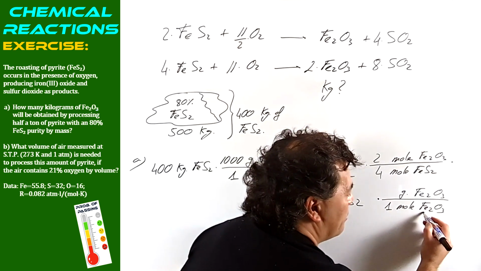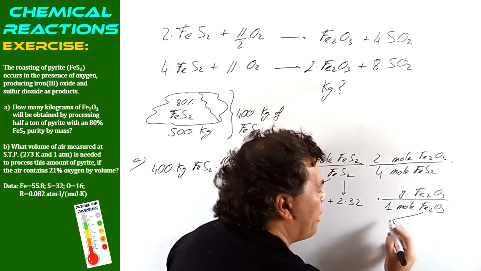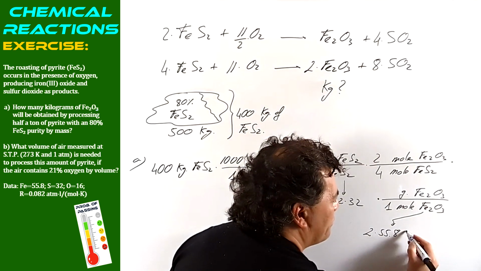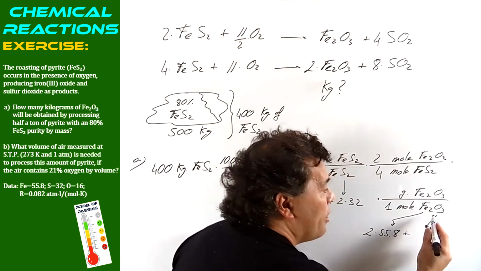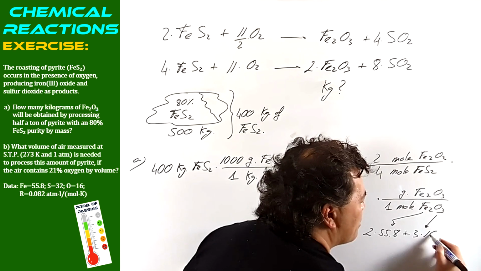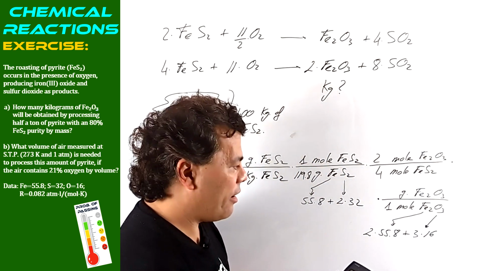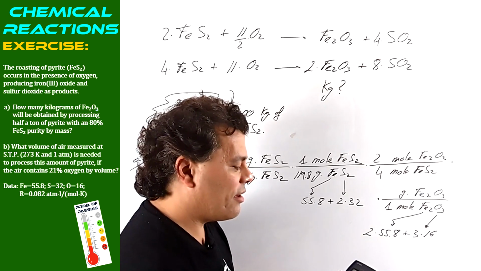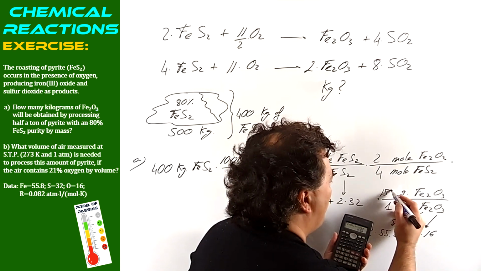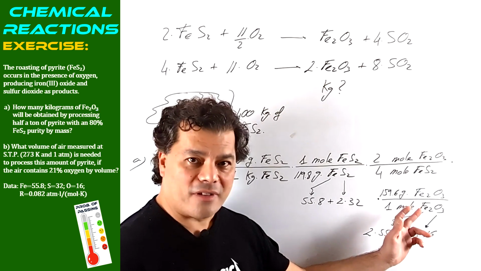And now it's time to add the atomic masses, that is 2 iron atoms, so 2 times 55.8, plus 3 oxygen atoms, and that is 3 times 16. Let's do 2 times 55.8 plus 3 times 16. And we have 159.6 grams of iron 3 oxide.